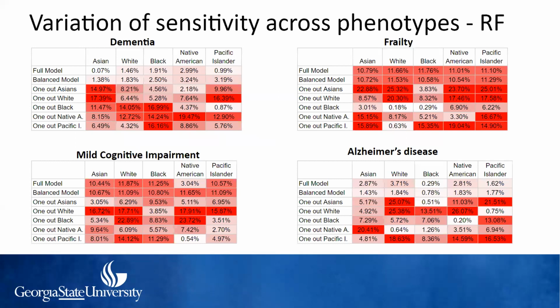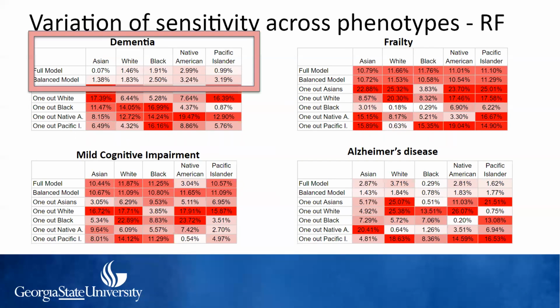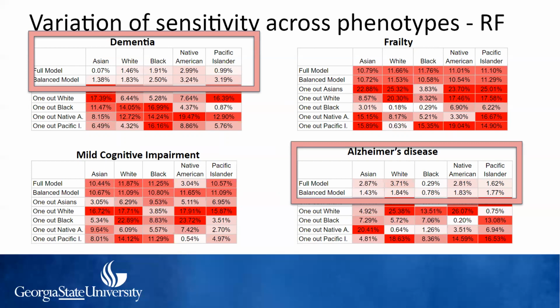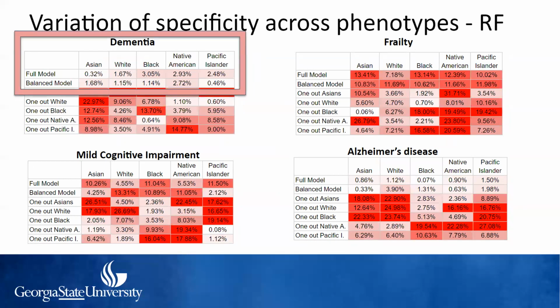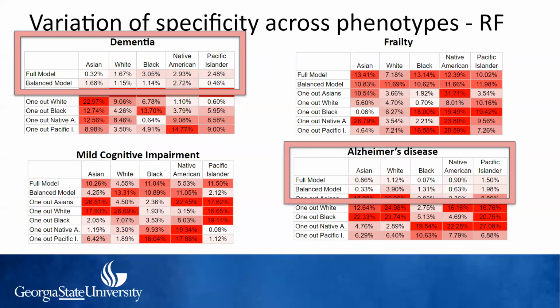Again, we see that, at least for the metric sensitivity for dementia, the full model and the balanced model have very little variance. And the same thing for Alzheimer's disease. But if you look at frailty and mild cognitive impairment, you see that these are increasingly red, meaning there's more variance. Same thing for specificity, we have a similar pattern as well.